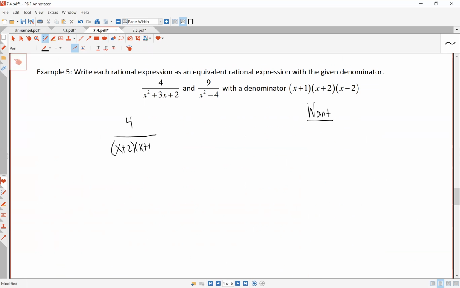My second fraction has x minus 2 and x plus 2. So I start with the first one. I have a plus 2 and a plus 1. You ask yourself, what are you missing?